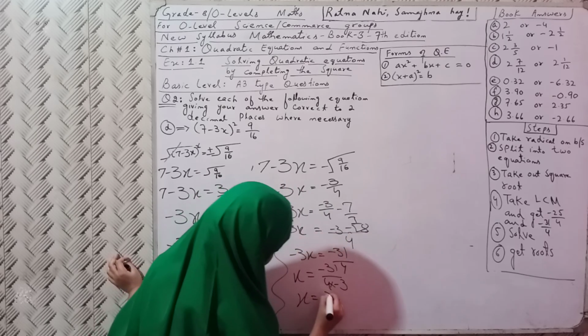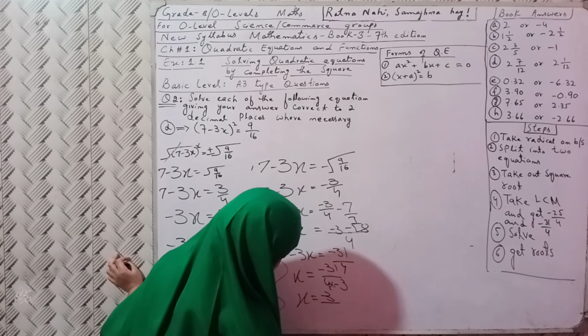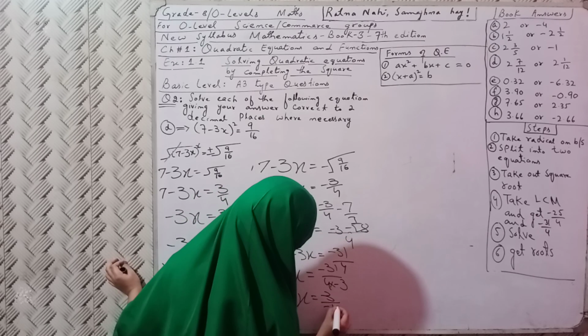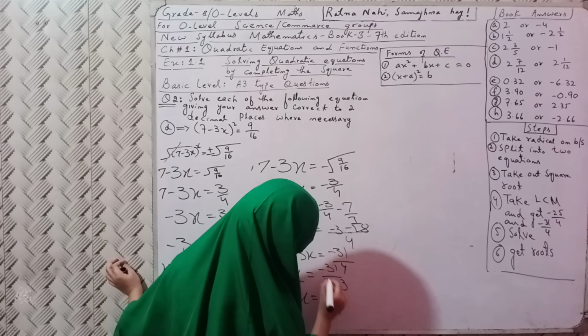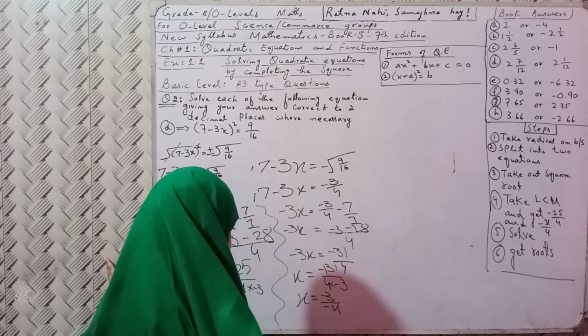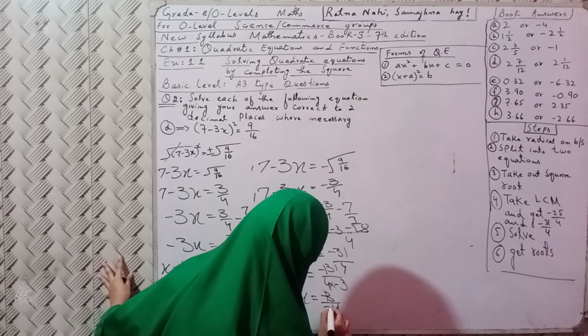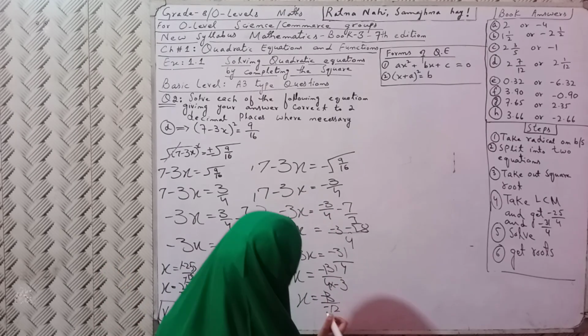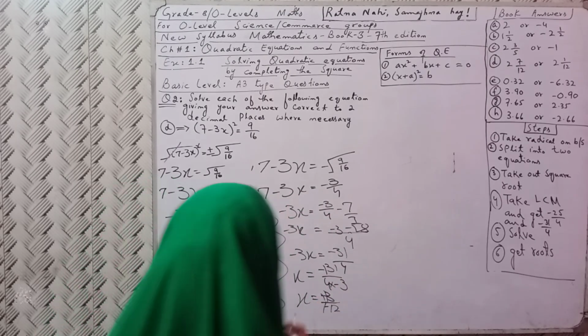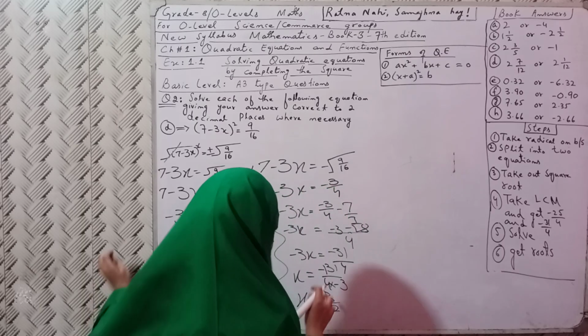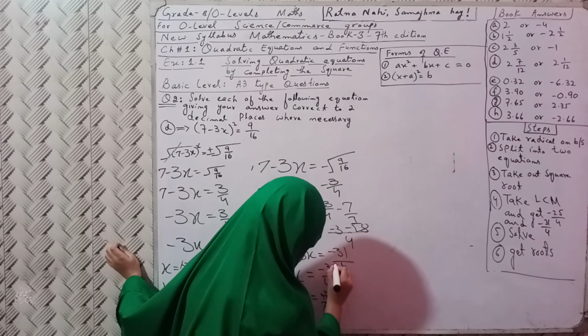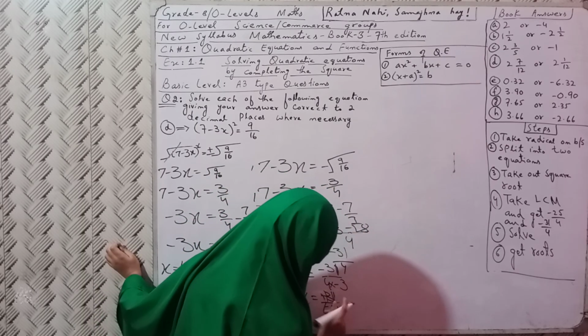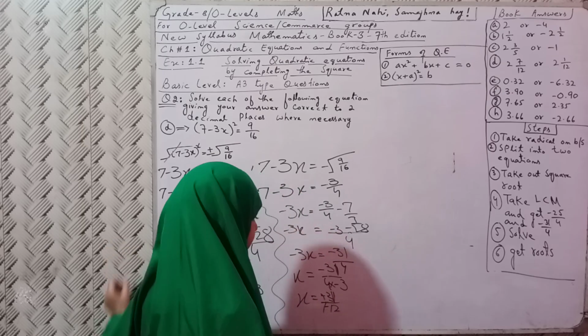Then x is equal to minus 31 upon, minus 4 times 3 is 12. So this will be cut and 31 will be remaining.